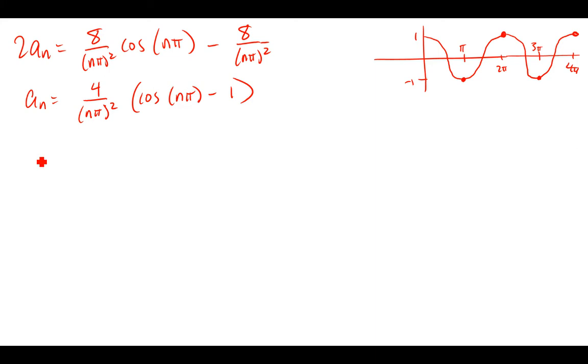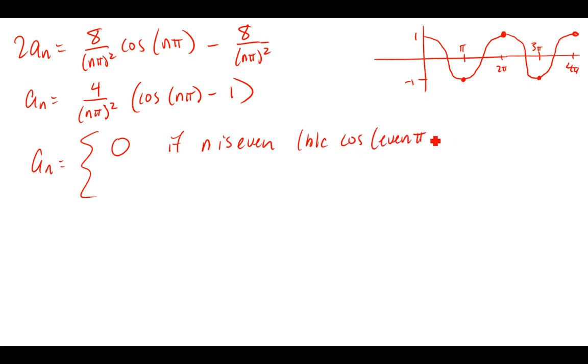So I think a nice way to represent our answer here would be to say, who are these a_n? Well, a_n is either 0 if n is even, and that's because cosine of an even multiple of pi is 1, which clears that out.